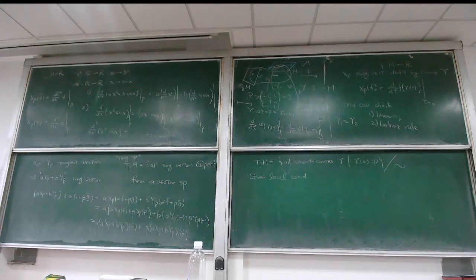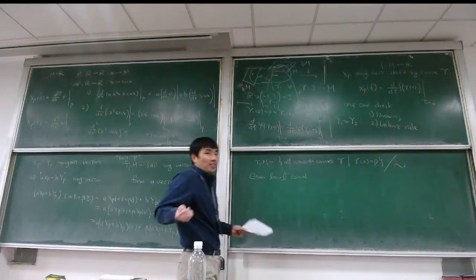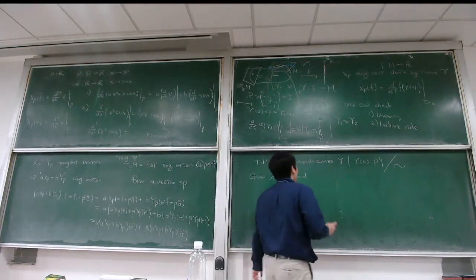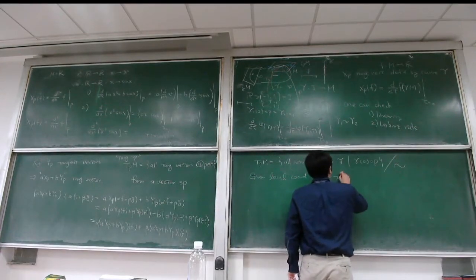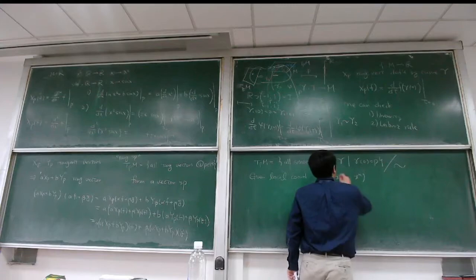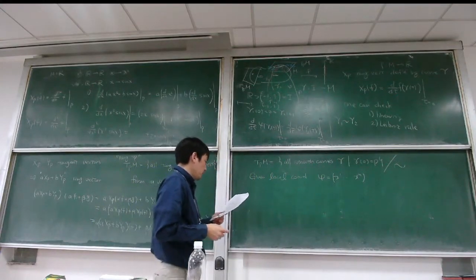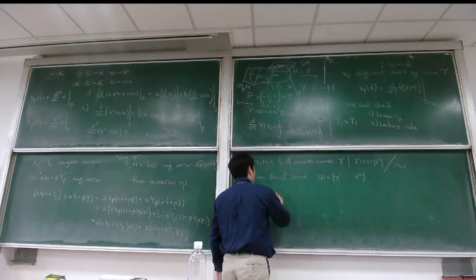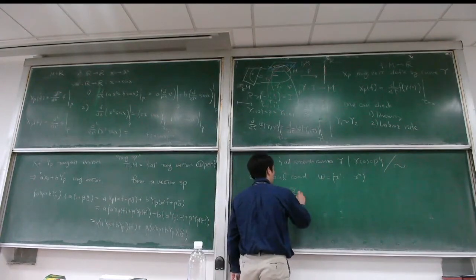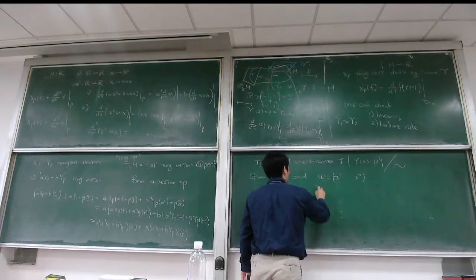Okay. And given a local coordinate, physicists like local coordinates. So the last time I introduced local coordinates, then Xp can always be written as a sum of Xp^i.